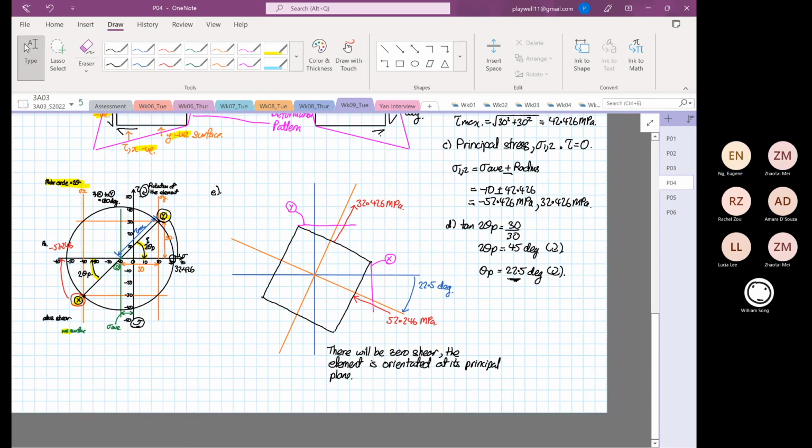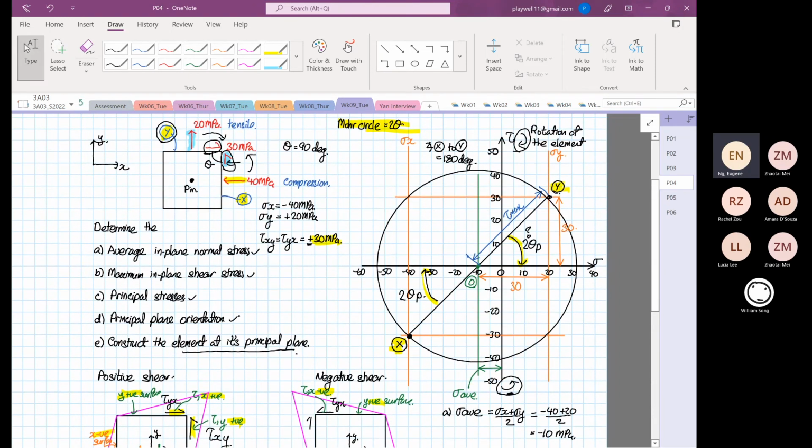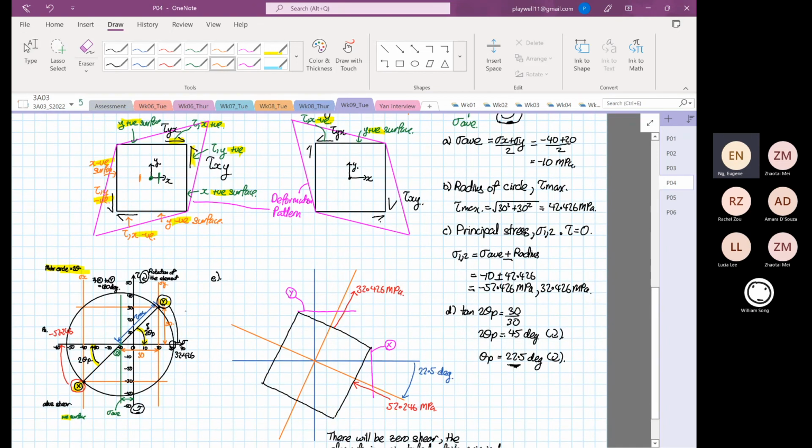Okay, so what we have done down here is I've just taught you how to go from element to Mohr circle, and then from Mohr circle back to element.